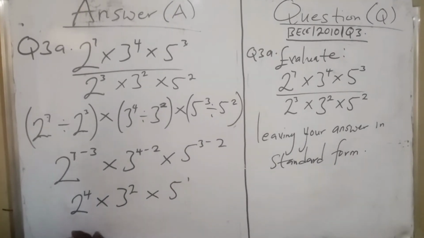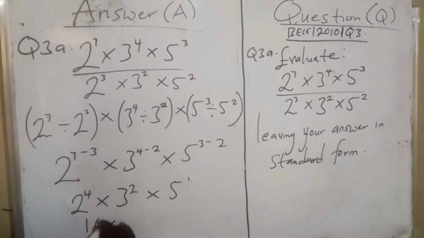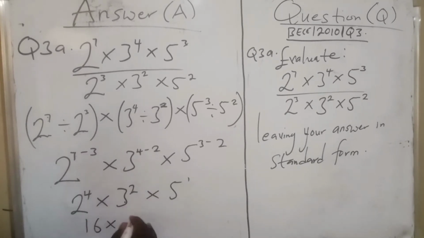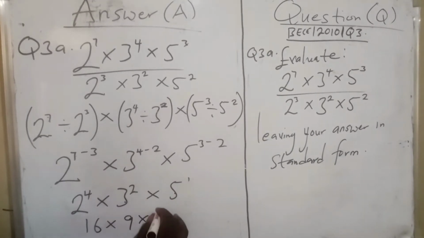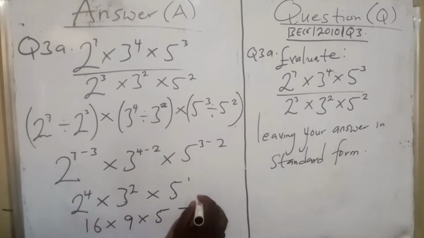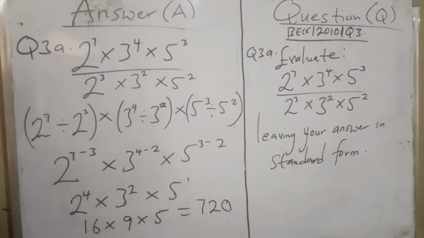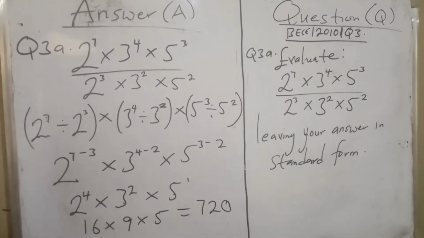So this will give us 2 exponent 4 is 16, multiplied by 3 exponent 2, which is 9, multiplied by 5 exponent 1, which is 5. When you multiply all the 3 numbers together, you are going to get 720. You can cross check that and see.